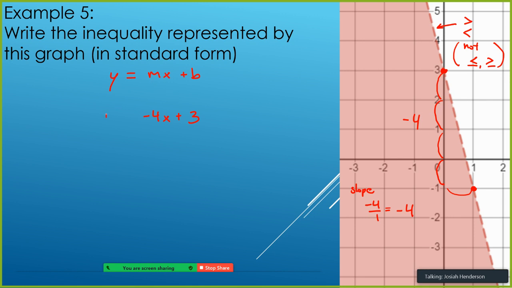Now we've got to deal with our symbol. This time, folks, look at the picture again with me, the graph on the right. Does it look like it's shaded above the dash line or below it? I think it would probably be below.